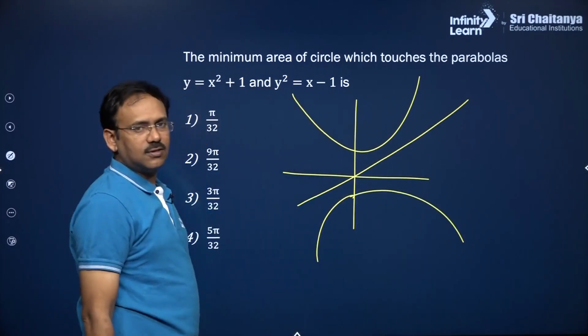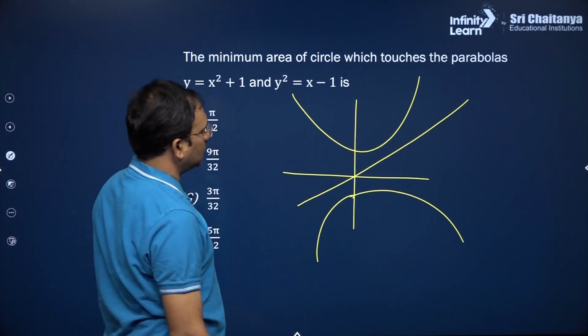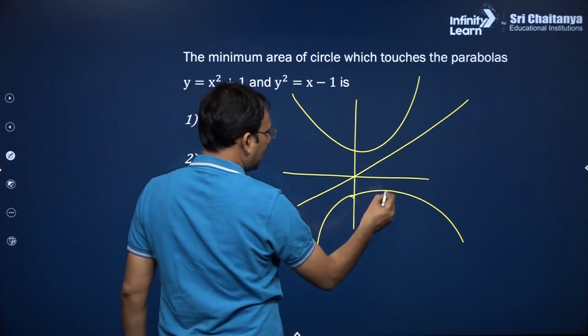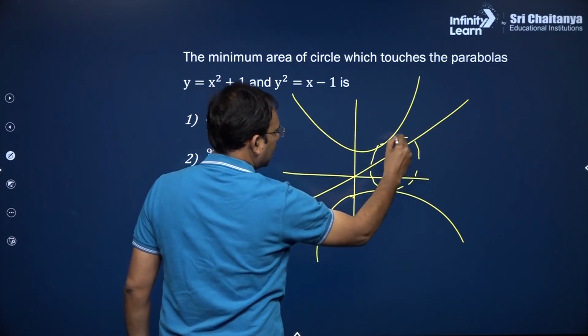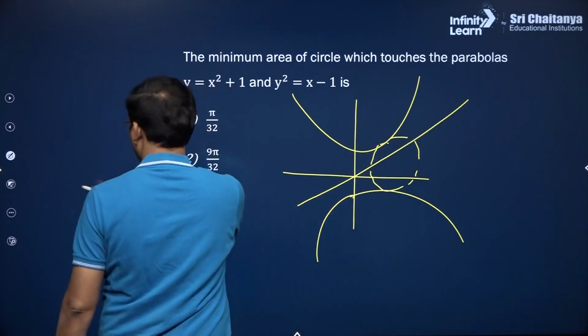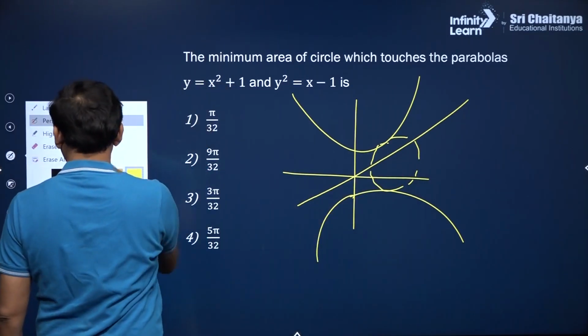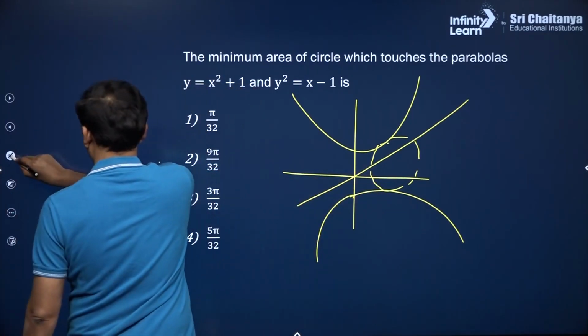He is asking the minimum area of the circle which touches the parabolas. Undoubtedly, I couldn't draw the figure in the perfect manner. Suppose there is such a circle, this line passes through the center, I can say.